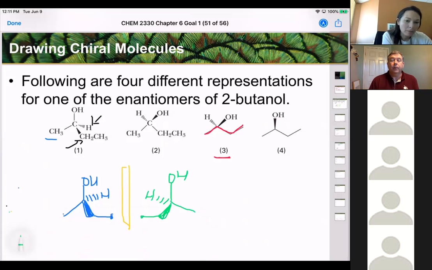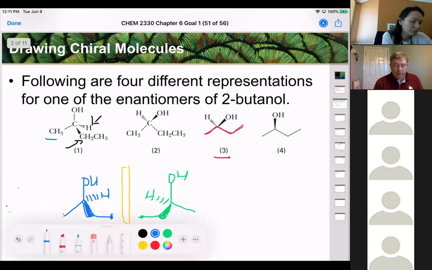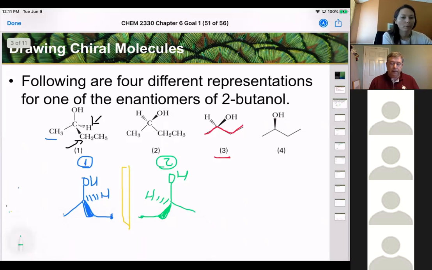Okay, so because I started at the mirror and moved outwards, keeping all the connections and basically the same kind of wedges, just going in the opposite direction, I believe I've created a true mirror image of our first compound here. So this is our first isomer, and then this is our second isomer here.